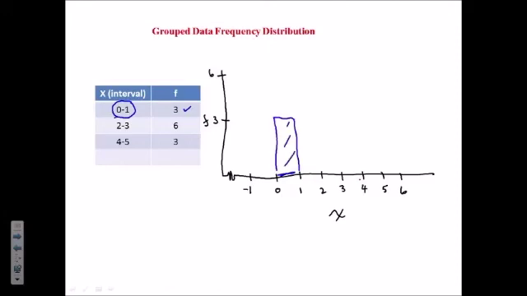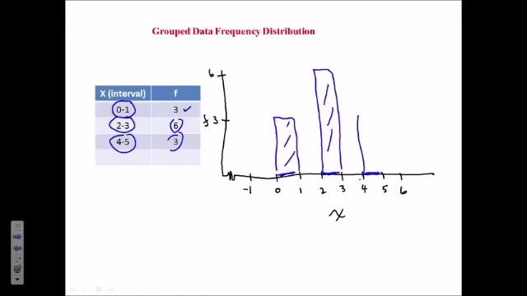Then for the next interval, from 2 to 3, we go to 6. So here's 2 to 3. Make a bar going up to 6. And then from 4 to 5, make a bar going up to 3. So you'd have this kind of bar graph.